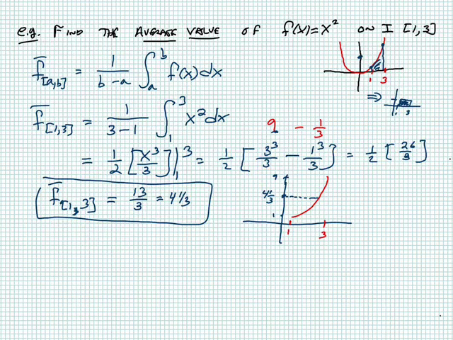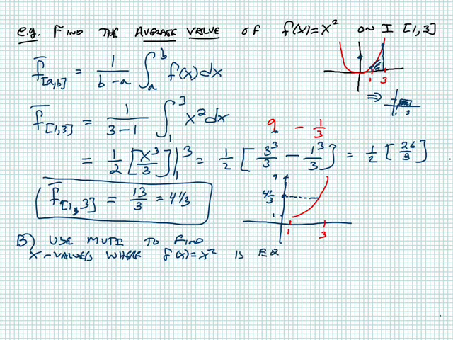Okay, now the next thing I want to do is I want to actually apply the mean value theorem for integrals. And so for part B, I want to use the mean value theorem for integrals to find the x value, or values, where the function f of x is equal to x squared is equal to the average value, not the average rate, but the average value on the interval from 1 to 3.